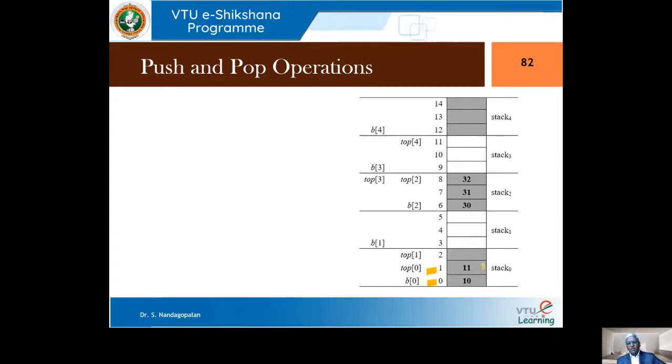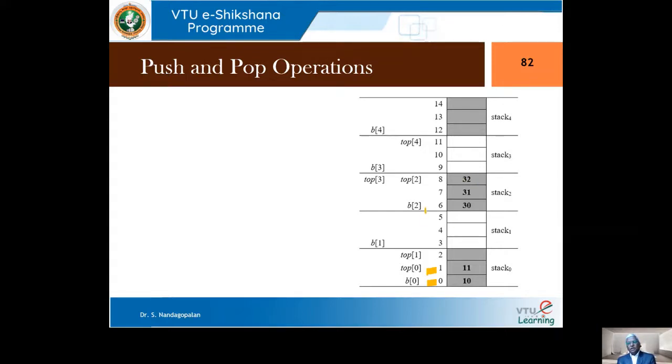So top of 0 points to the top of the stack, and bottom of 0 points to the bottom of the stack. So simple. Given the stack number, I can easily extract or pop the topmost element from this stack based upon top of 0. Next, this stack is filled with some elements, full actually.